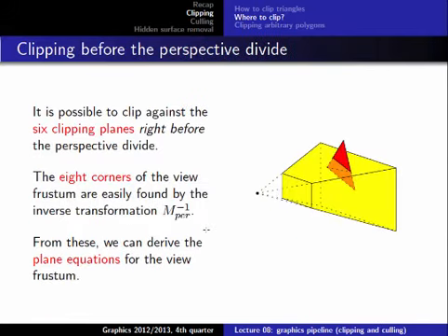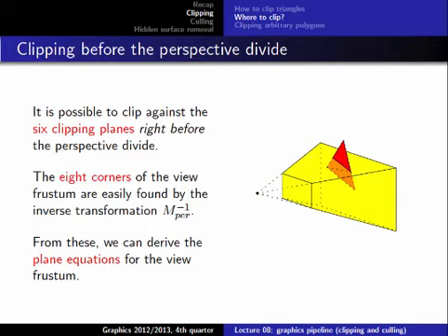So we have to do it before, with these planes that are a little more complicated. Of course they are more complicated, but the calculation of them is actually not that complicated, because when we create the planes for the orthographic view volume, we already have a matrix for that. So to create these other planes, we just need to apply the inverse matrix, and then we can create these planes, and then we can do the clipping.